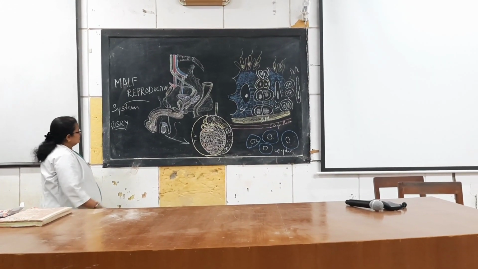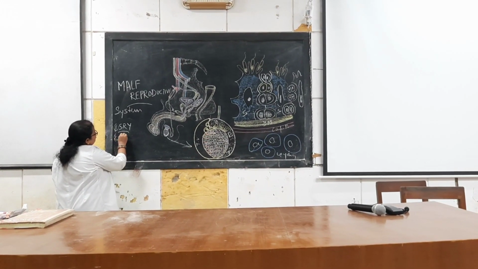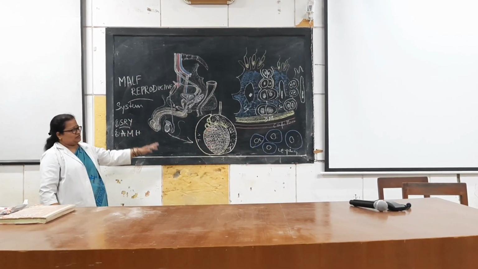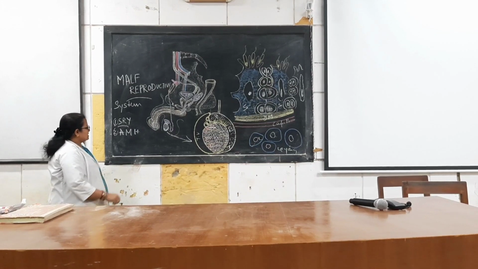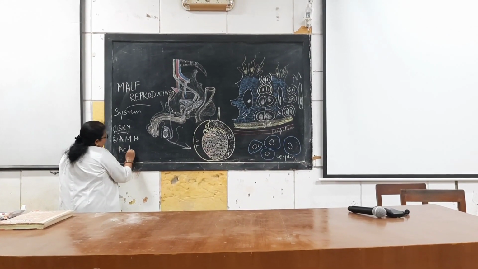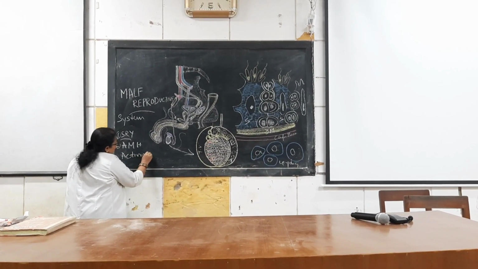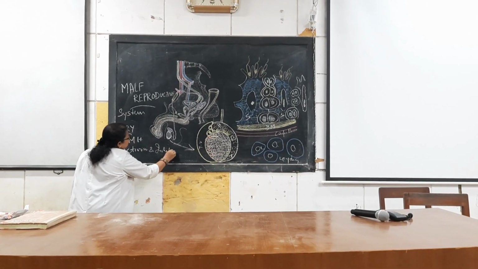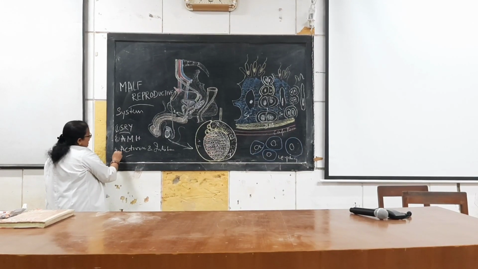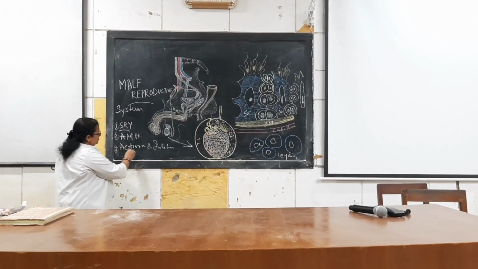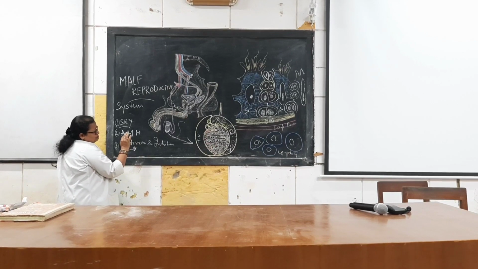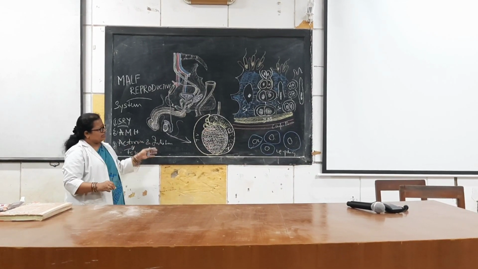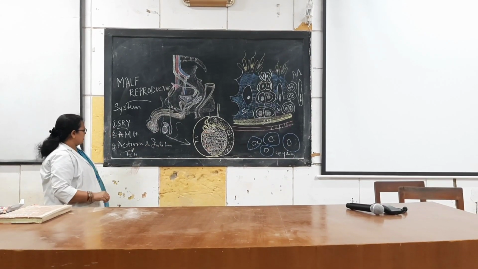They release certain hormones, that is anti-Mullerian hormone, which suppresses the female reproductive system. They release activin, which activates the pituitary to release FSH, and inhibin, which does the opposite thing.